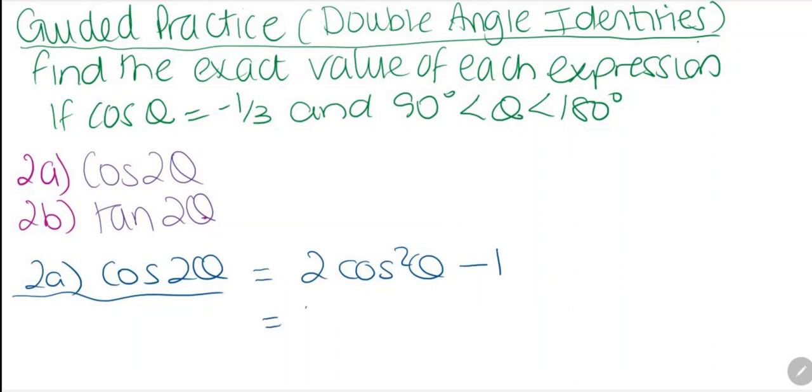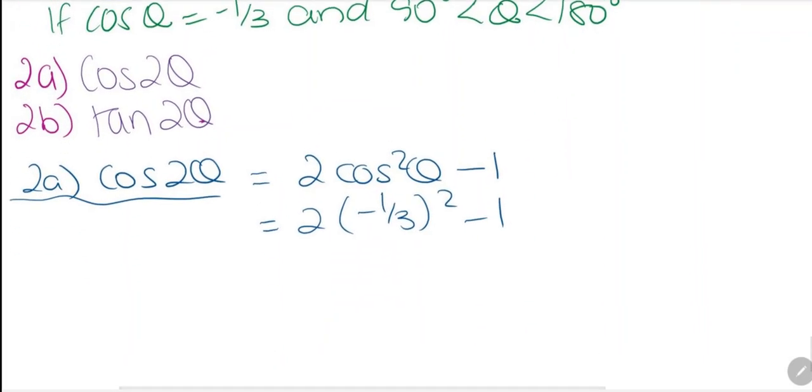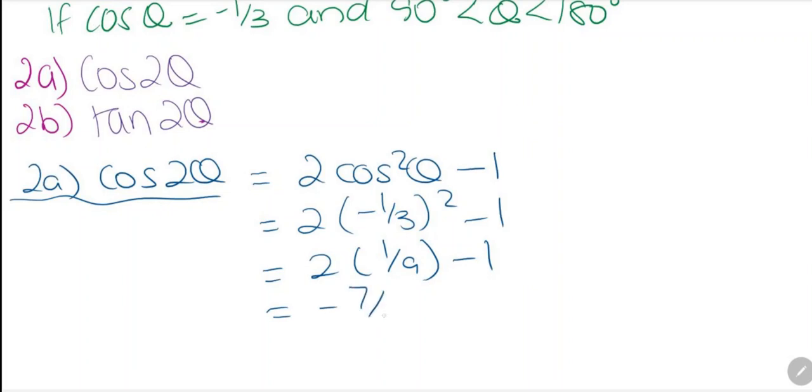So this is just substituting the value for cos theta, minus a third, squared, minus 1. Minus a third squared is 1/9, so 2 multiplied by 1/9 is 2/9, and we have 2/9 minus 1, which is minus 7/9. So cos 2 theta is minus 7/9. We've done that one.